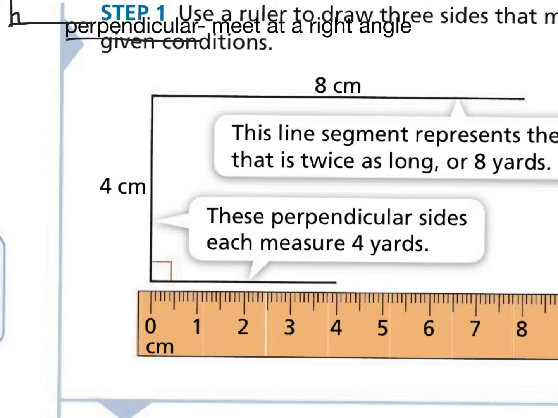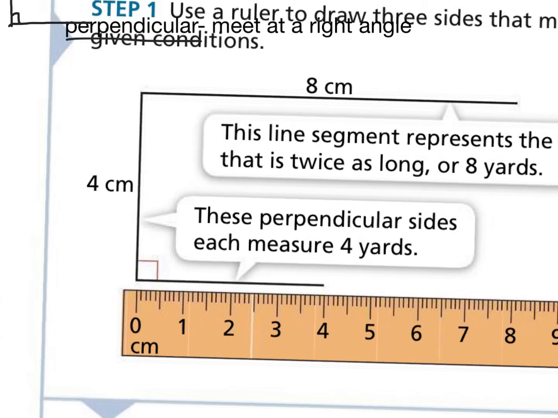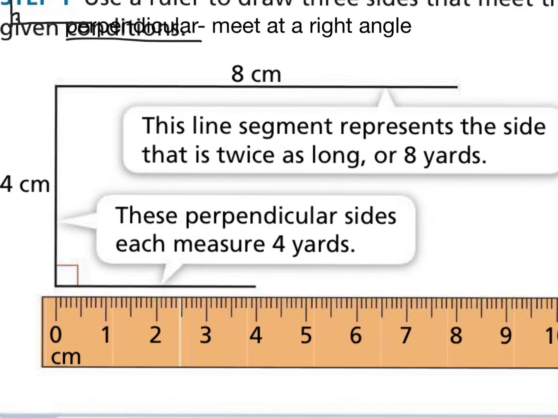And then for step 2, they are saying that we can use a protractor to draw that 135-degree angle. You can do that to check it, but you really don't have to use a protractor, because at this point we have our lines drawn. So this segment at the bottom has a definite endpoint. This segment at the top has a definite endpoint.